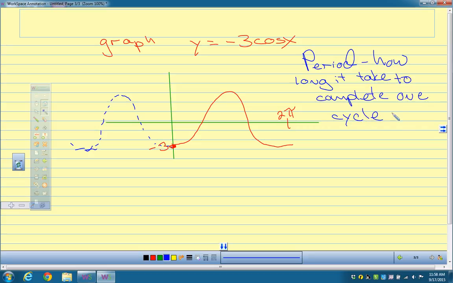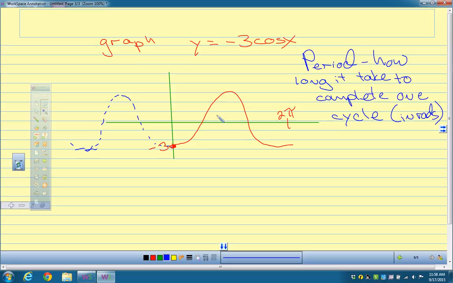And usually they talk about that in radians. So what is the period of cosine of x? How long does it take before you go up and then back down? 2 pi, right? So the period is how long it takes to complete one cycle.